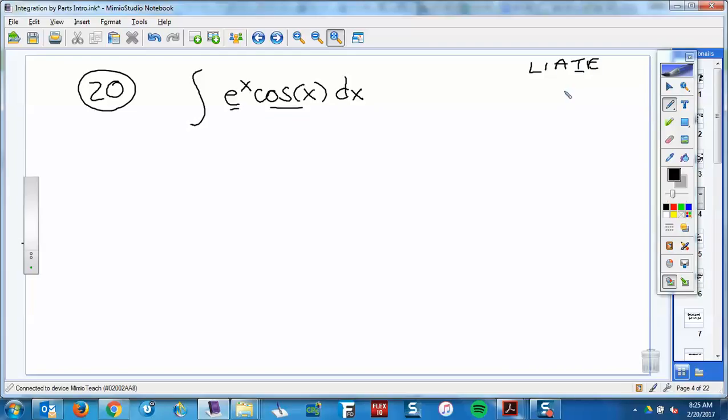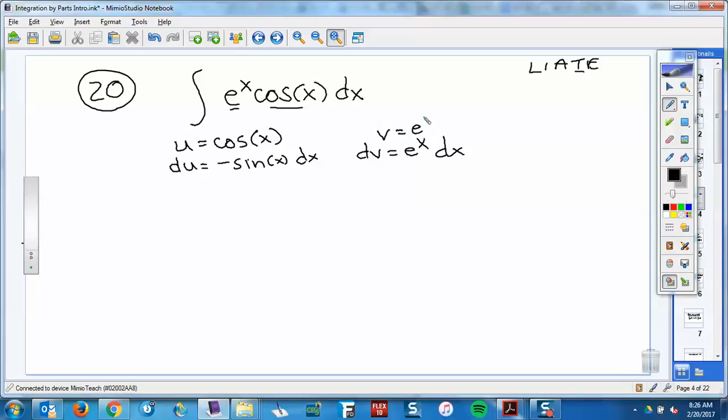So which one am I going to pick? I'm going to pick trig. So I'm going to let u equal cosine x, and I'm going to let dv equal e to the x dx. So du is negative sine x dx, and v would equal e to the x.